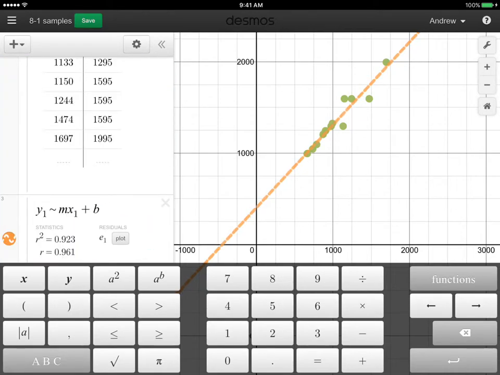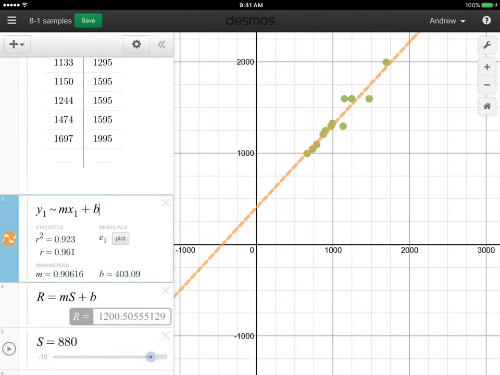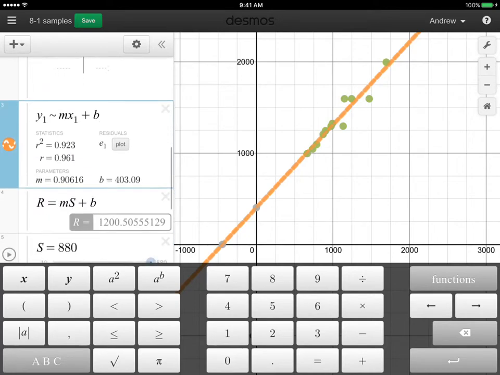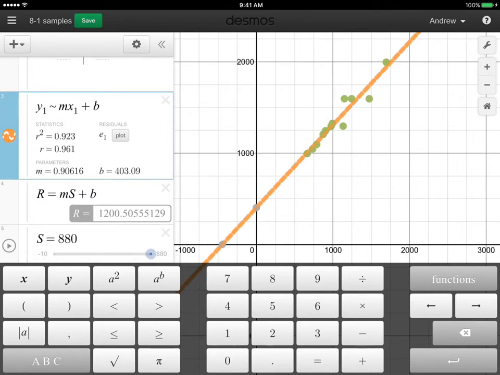And if we set y1, and instead of saying equals, we say it's similar to, so that it's approximating where this line should be, Desmos does the work for you. So you use a little tilde sign there, and then mx1 plus b, and then it should show you a few different things.